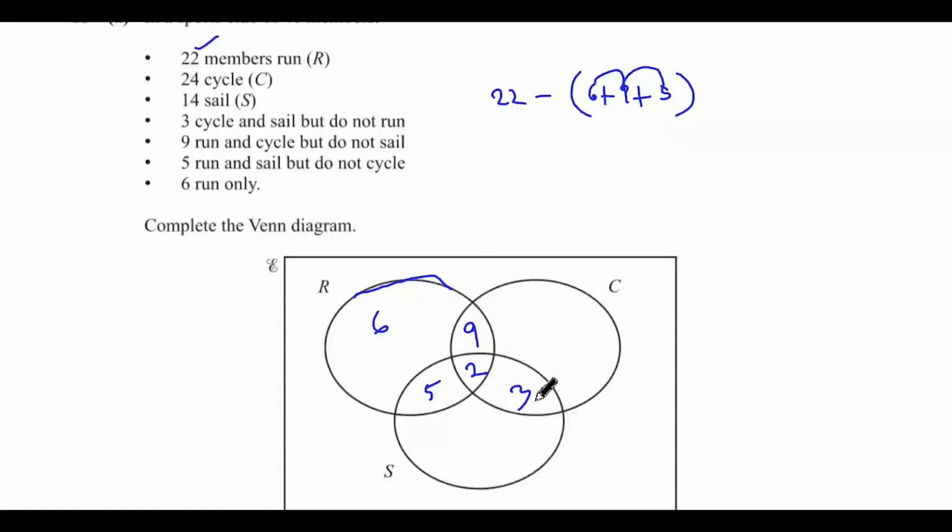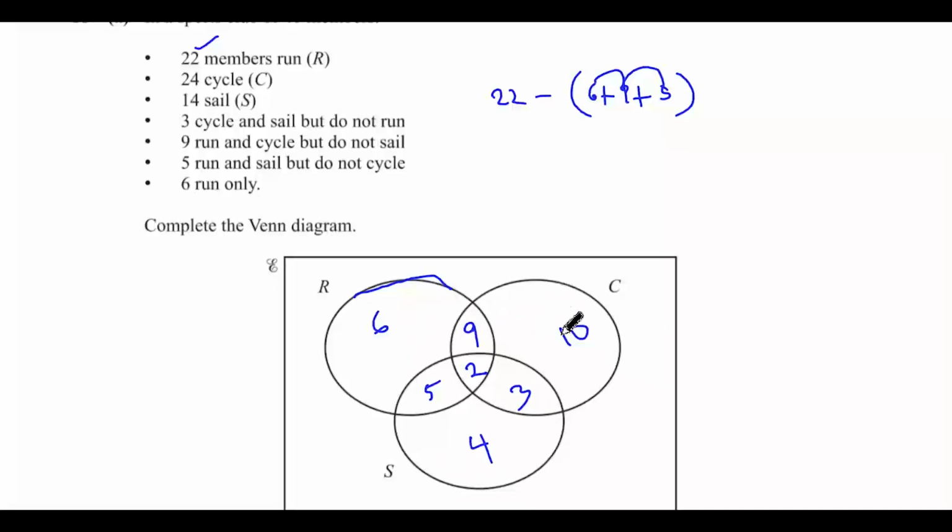So 2 and 3, you have 5. 5 add 9 is 14. So this place should be 24 minus 14, so it will be 10. That is C only. Then for sail only, the total for sail is 14. 2 add 3 is 5, 5 add 5 is 10. So 14 minus 10, you have 4 here.